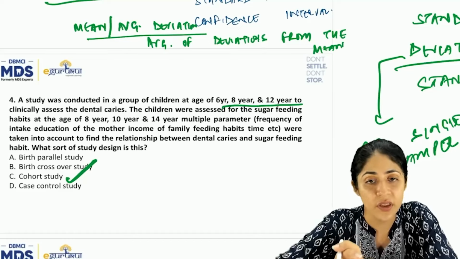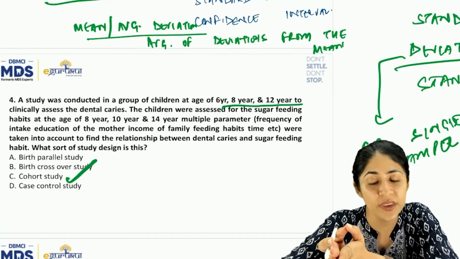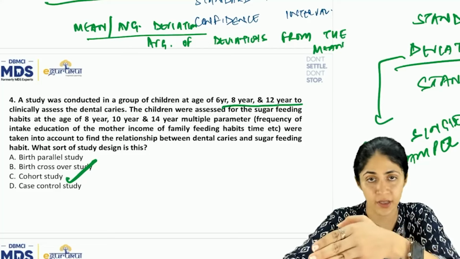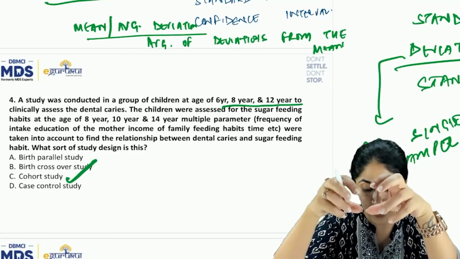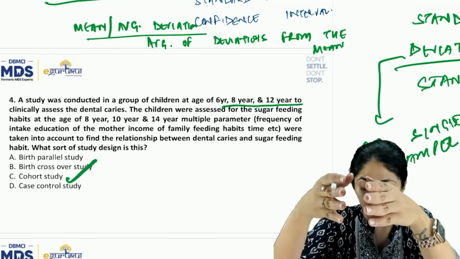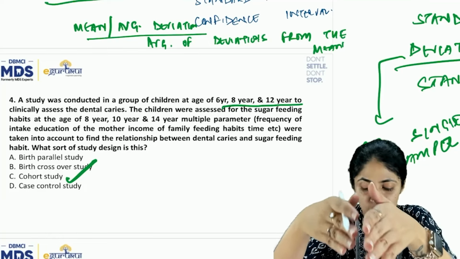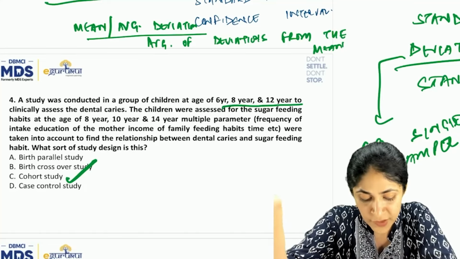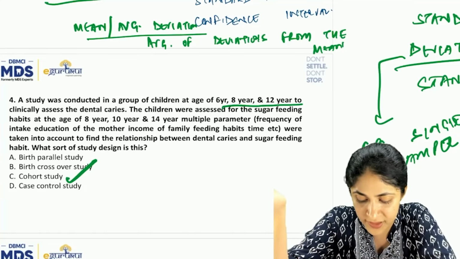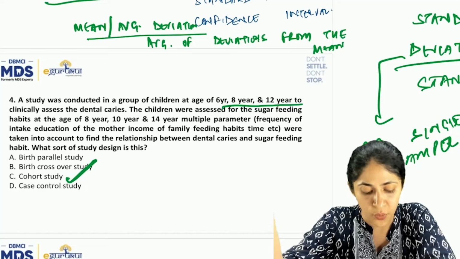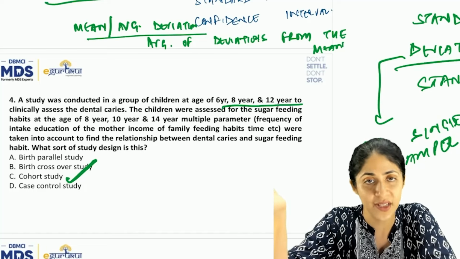In a cohort study we go from the cause to the effect. They are assessing how much sugar is being fed, what the various causes are, and eventually whether they develop caries or not. So this is basically a cohort study.